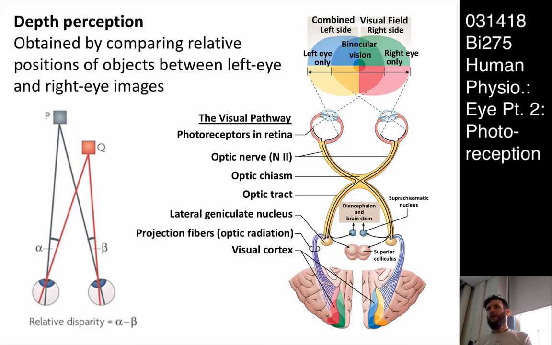So predators, like a hawk or a wolf or any kind of a human, have extreme binocular vision, very good depth perception, because it's an evolutionary advantage to know exactly how far away our prey is.